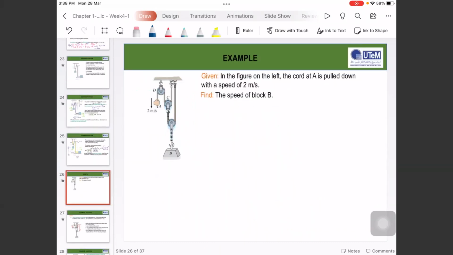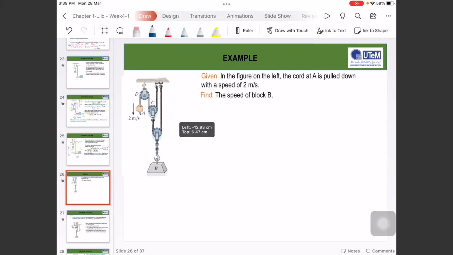Okay. Boleh buat? Faham tak faham ni? Faham kan? Harap faham lah.